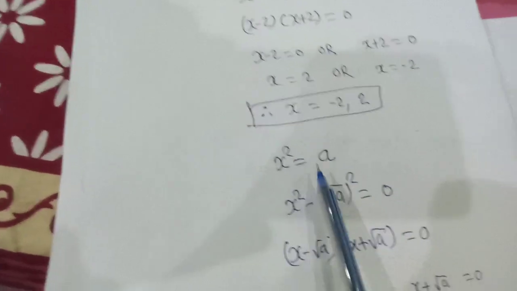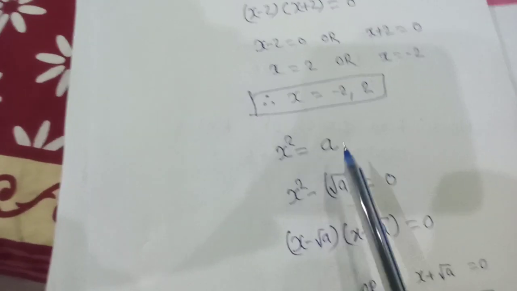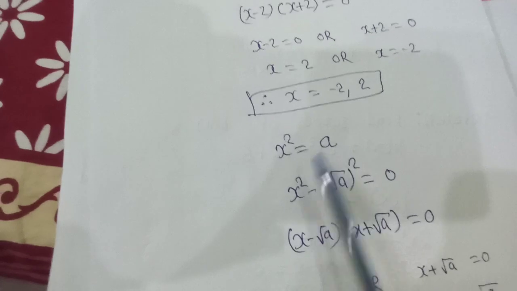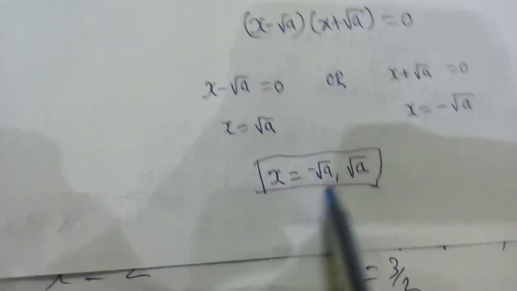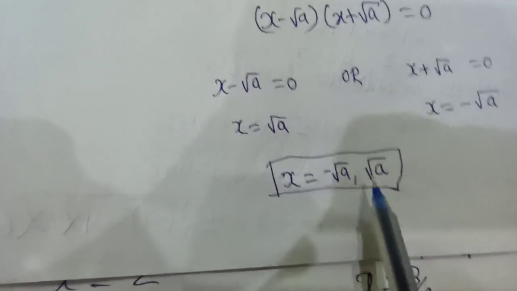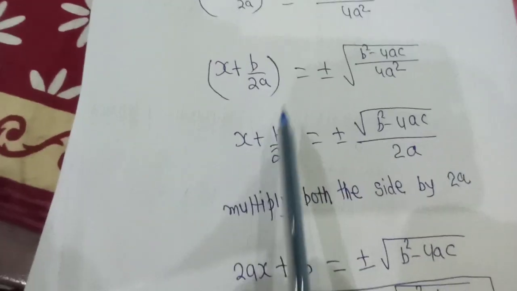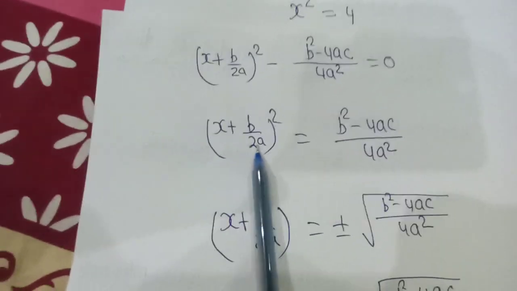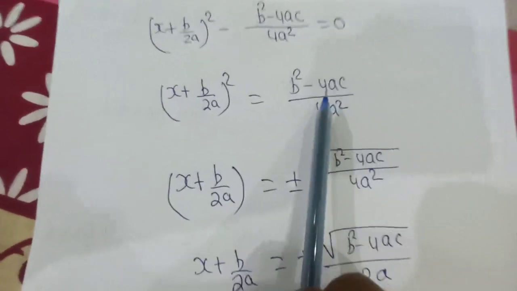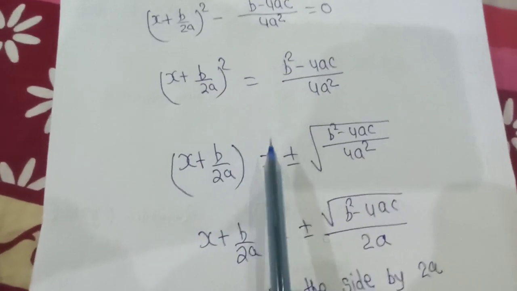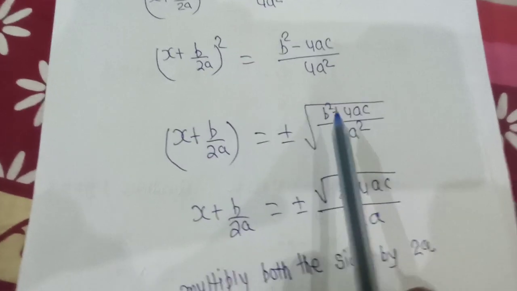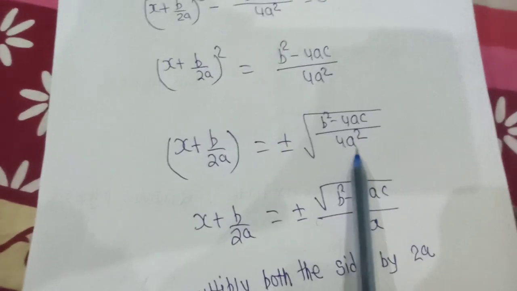In general, if x square is a, then this could be written as x square minus under root a to the whole square, and we come at this result, x equals to plus minus under root a. So similarly, we had come here to the conclusion that if x plus b upon 2a to the whole square is equals to b square minus 4ac upon 4a square, this will be x plus b upon 2a equals to plus minus under root b square minus 4ac upon 4a square.